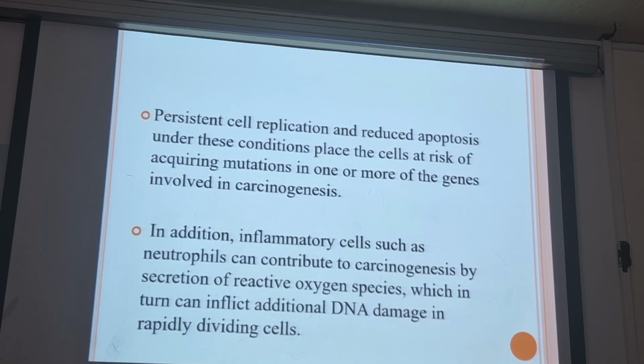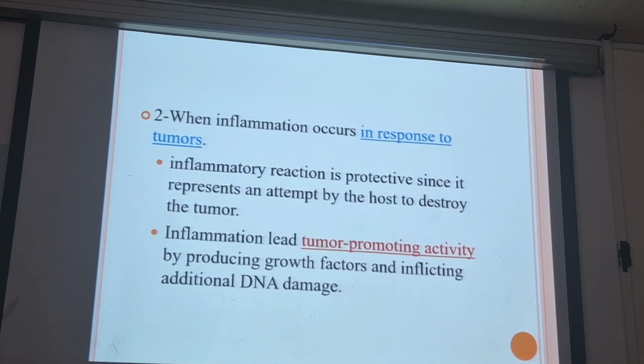In addition, inflammatory cells such as neutrophils can contribute to carcinogenesis by secretion of ROS and causing DNA damage. And sometimes we have inflammation in response to the tumors. The inflammatory reaction is protective since it represents an attempt by the host to destroy the cells.